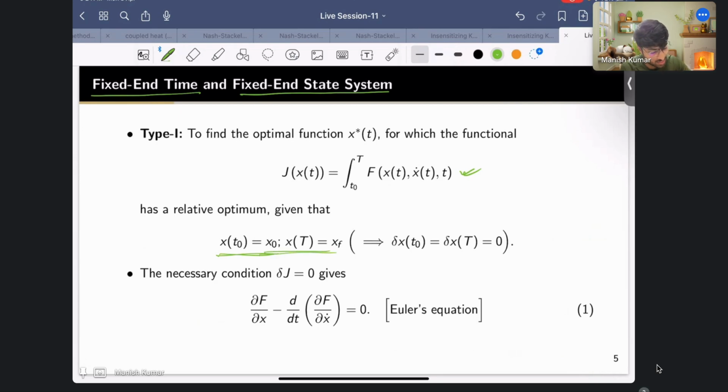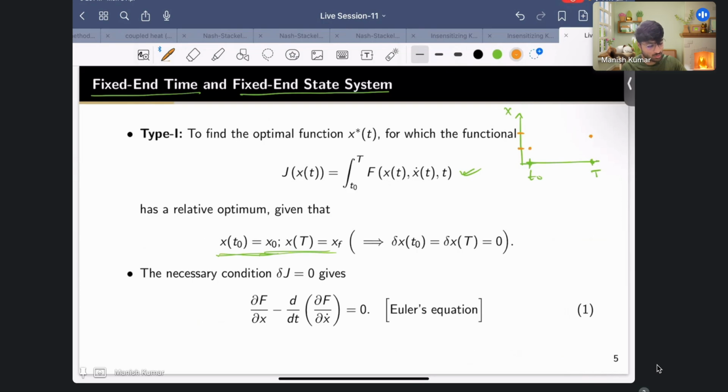You can consider that you have two time points: this is t naught, this is capital T. What you are doing is you consider all the functions such that at t naught it is this and at capital T it has this value. So maybe this is my y-axis or x-axis. You fix that at t naught it should reach this point and at capital T it should reach this point. That's all you care about.